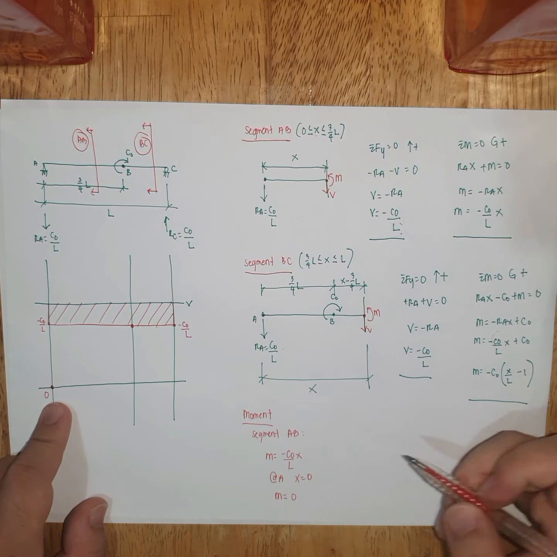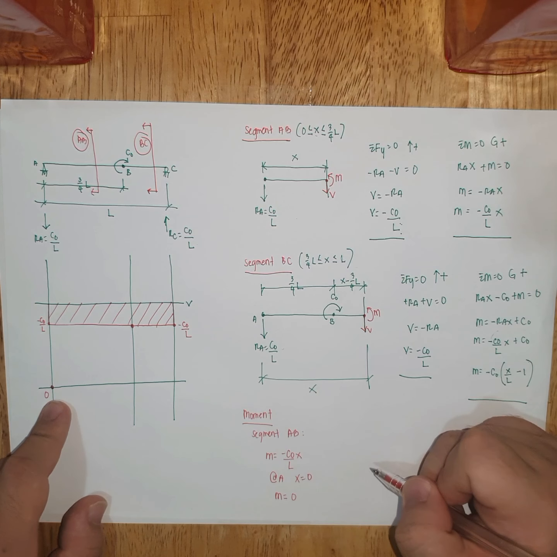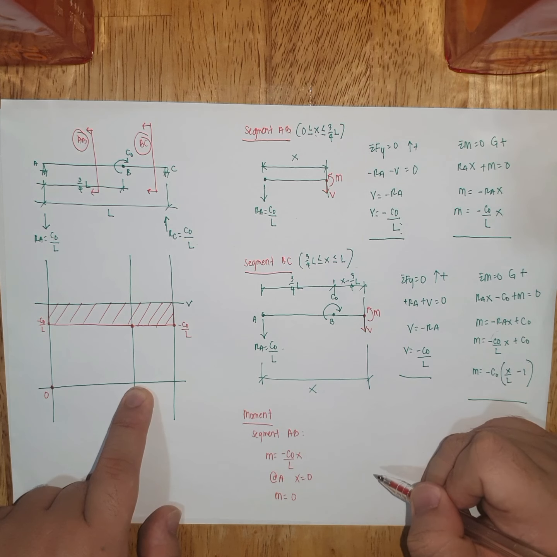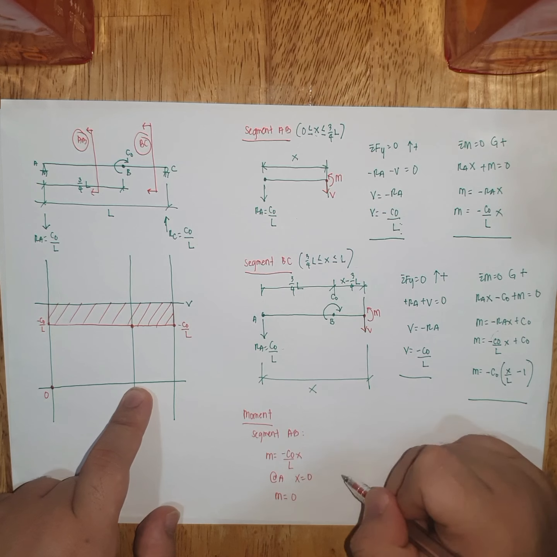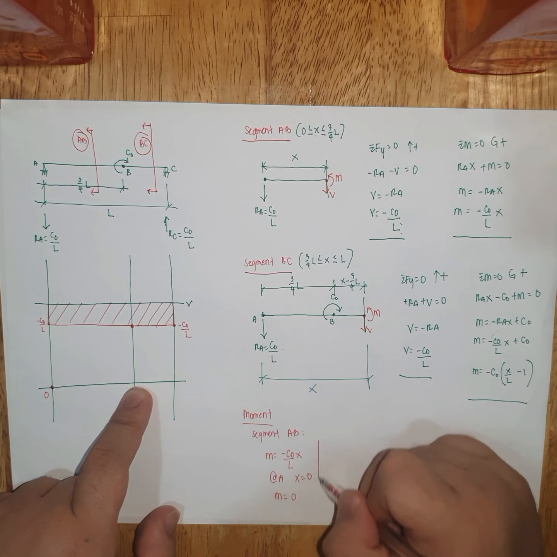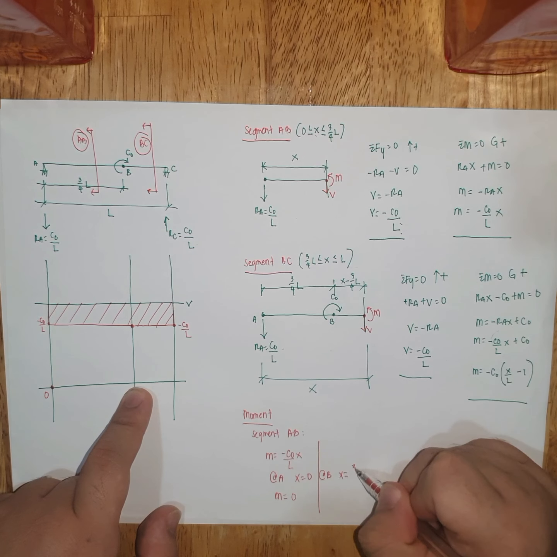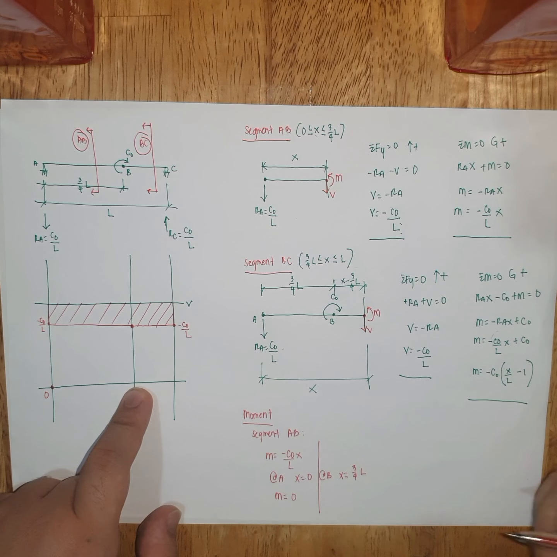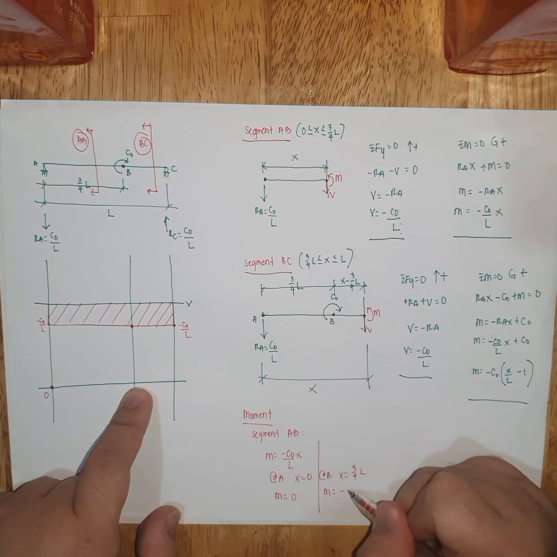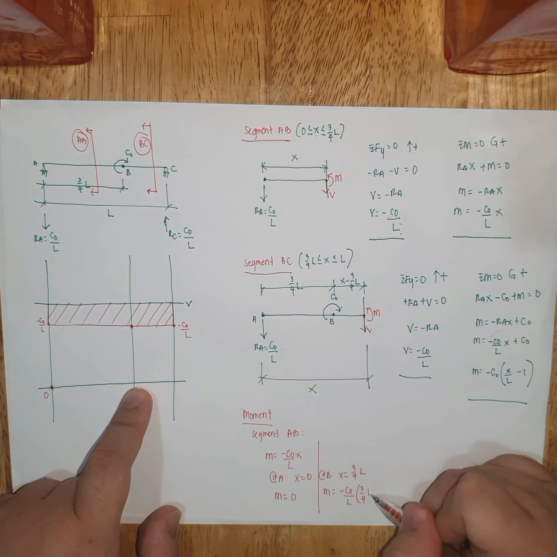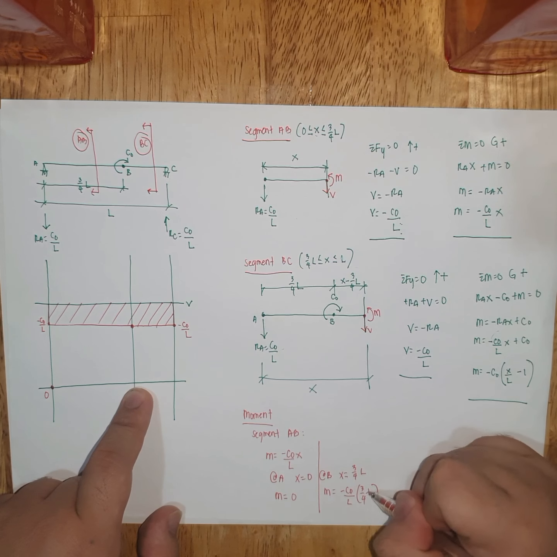Okay, so tapos at B, dito at B ang condition natin, so at B ang X natin na equal sa 3/4 ng L. Okay, so yung value ng moment will be negative C sub O over L times 3/4 ng L. Okay, so ito magka-cancel out.